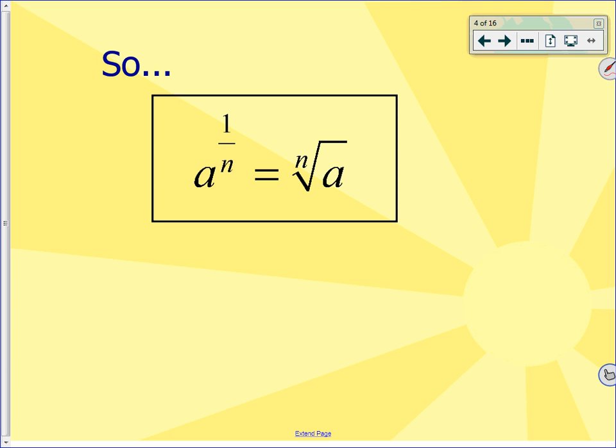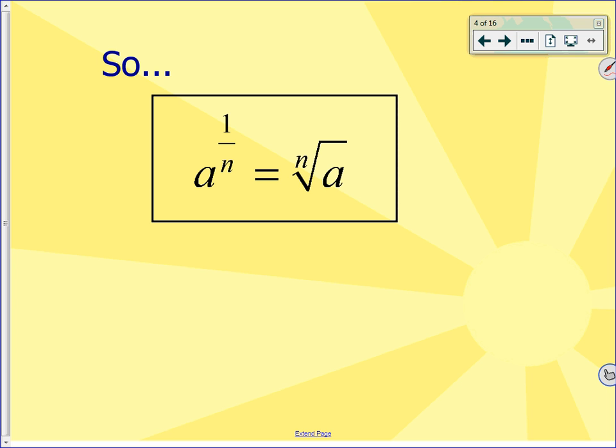Okay, so we are at 8.5a, and we're going to talk about the relationship fractional exponents have with roots. So the square root is x to the 1/2. Cube root, x to the 1/3.